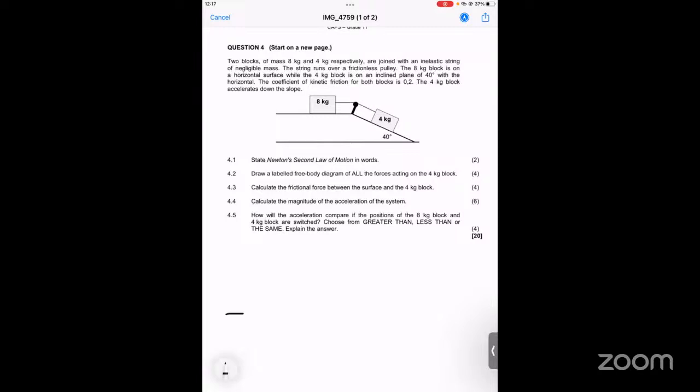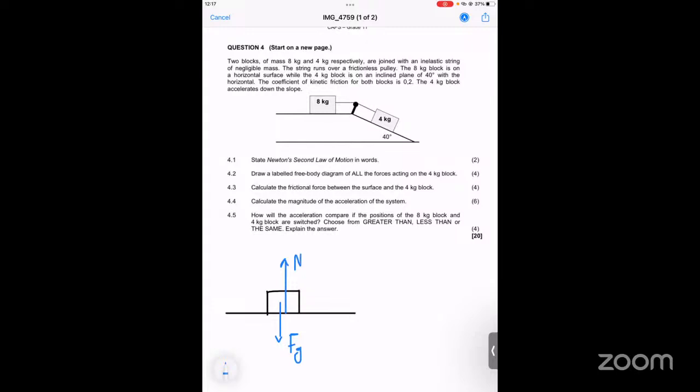If we have an object on a flat surface, it's not moving, nothing is happening, it is just standing there. What are the forces that you think are acting there? Normal force and weight. Yes, the weight going in that direction being Fg and also the normal force going up.